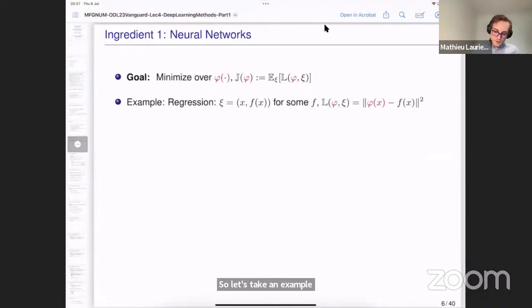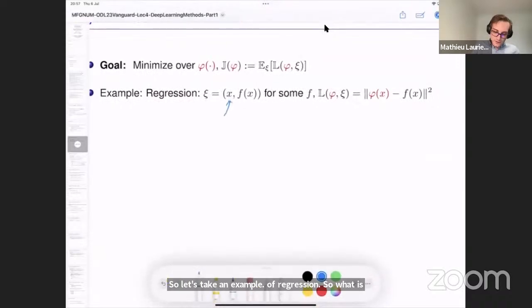So let's take an example of regression. So what is regression? You have an input X and you have an image f of X. And basically, you want to find this function f, but you don't know it.